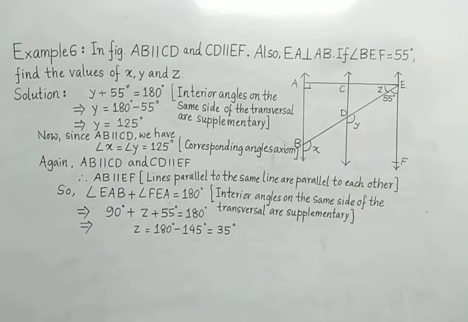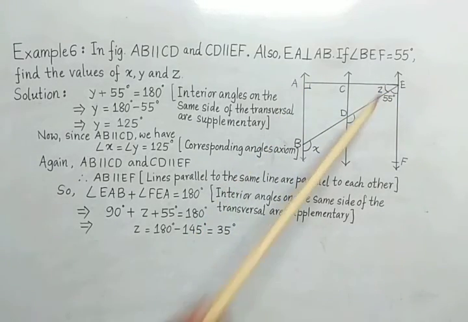Now we need to find out the value of Z. So how to find it out? Again we will be using parallel lines. We already got that AB is parallel to EF. If we consider BE as the transversal, sorry, we will not consider BE as the transversal, we will consider AE as the transversal now.